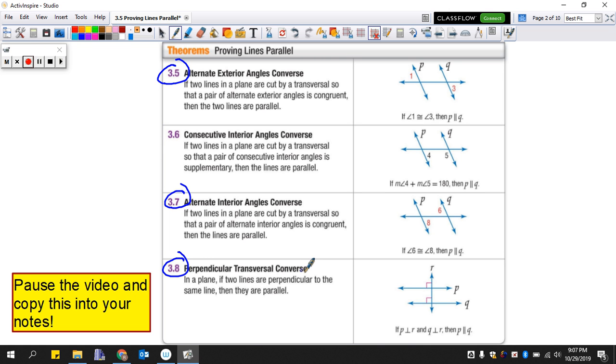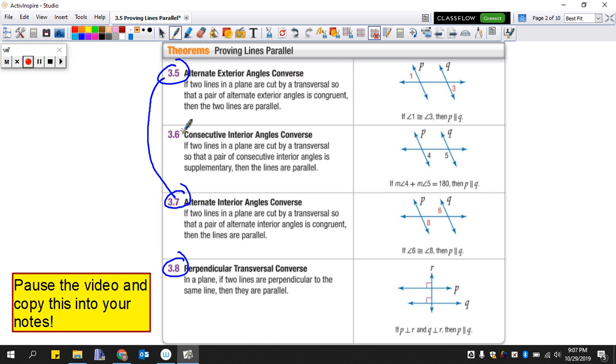Remember, we had said that if you have parallel lines, the alternate exterior angles are going to be congruent, and the alternate interior angles are also going to be congruent. This just says that if you have alternate exterior angles that are congruent, then that means that the lines P and Q are going to be parallel because of that. Same thing goes with the consecutive.